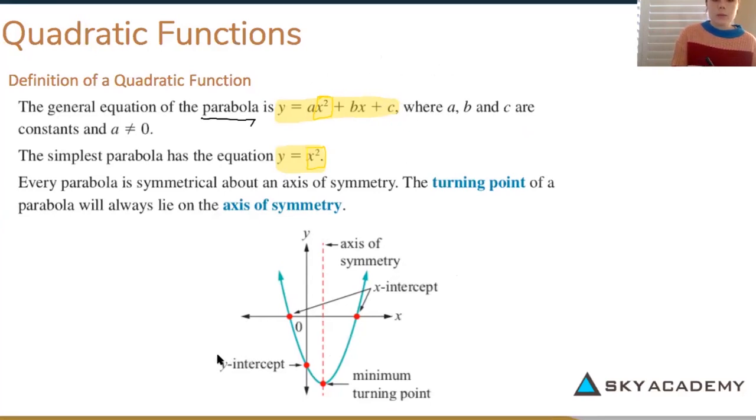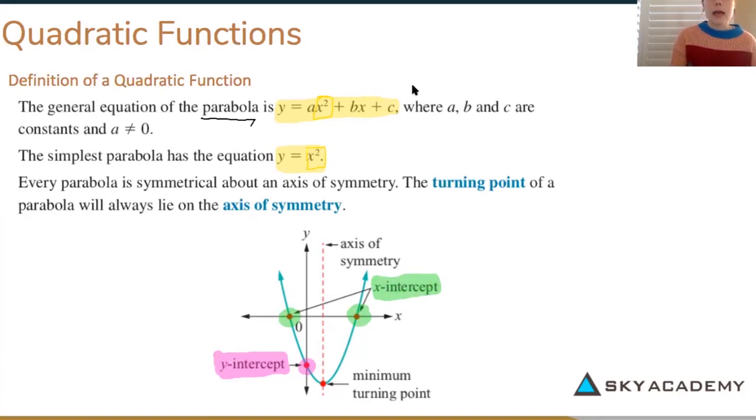Here we will have the y-intercept. This is where it crosses the y-axis. We have x-intercepts. We don't always have x-intercepts, but we generally do, and you can have two x-intercepts, where it will cross the x-axis twice.